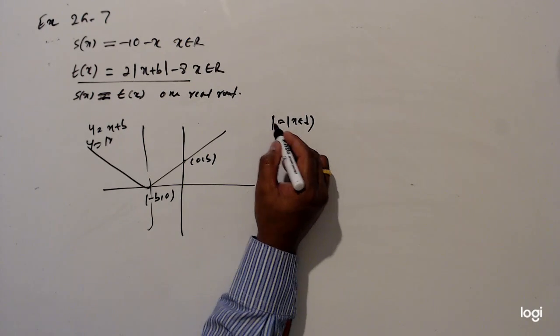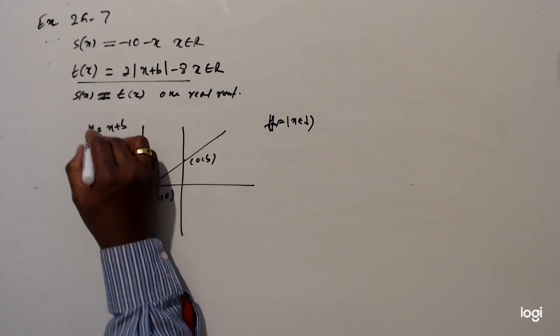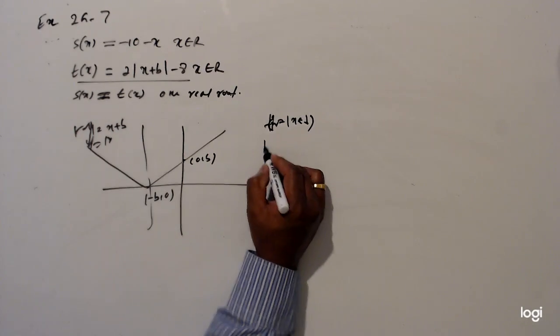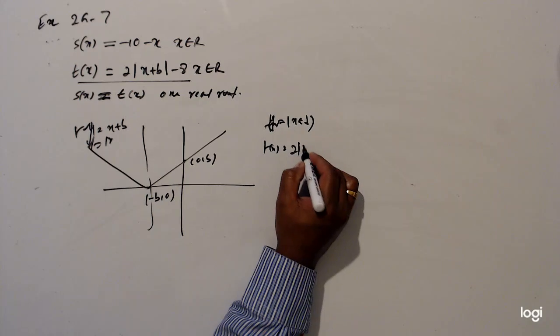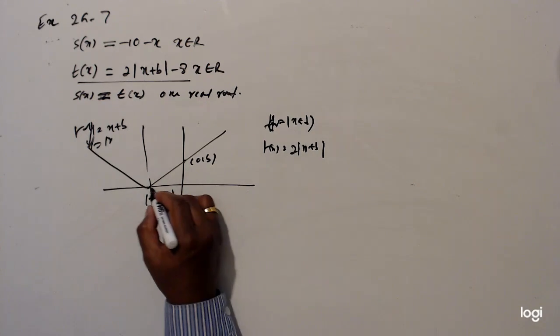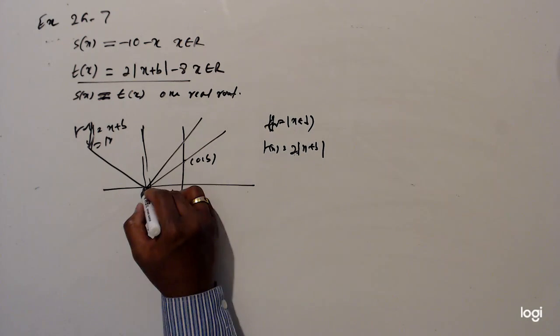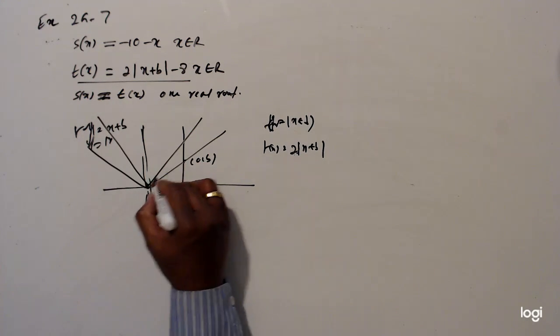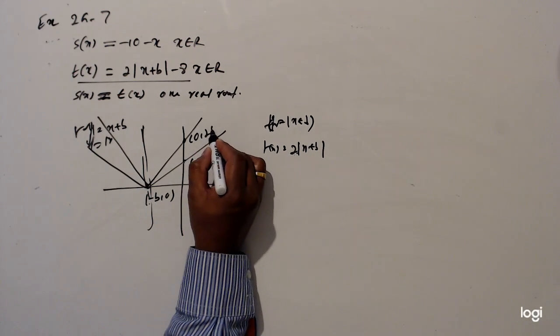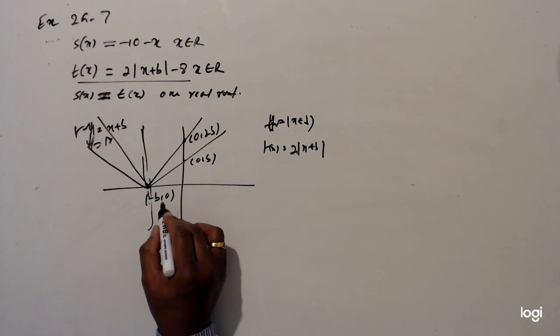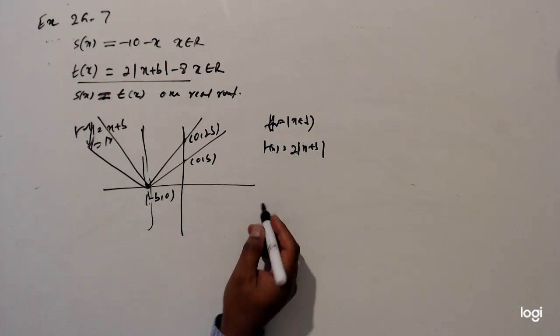Then tx equal 2 times mod x plus b. It means all the y values are multiplied by 2. So then it's going to be something like this. It is (0, 2b).